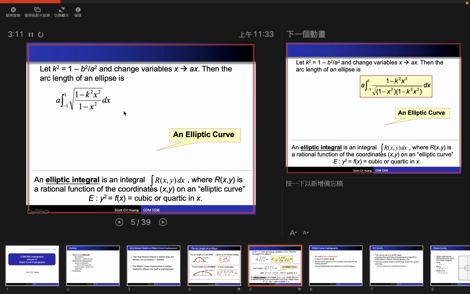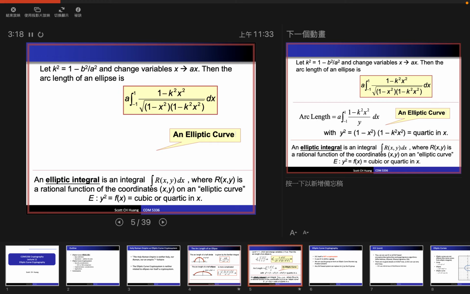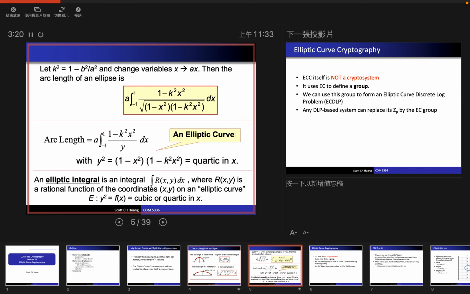Initially, mathematicians were doing something called elliptic integral. This is elliptic integral. Then we do another change of variables. The arc length is this, and then we have a relationship with this: y squared equals this.